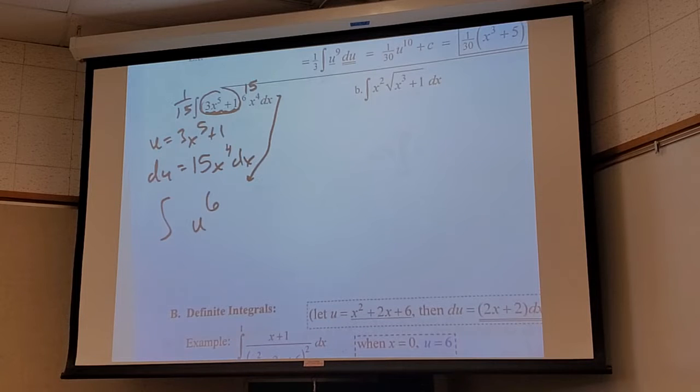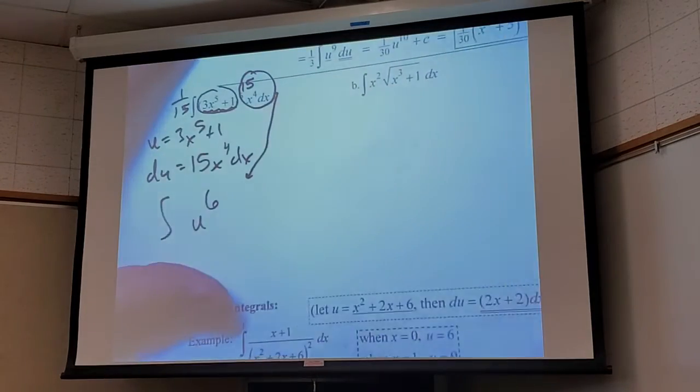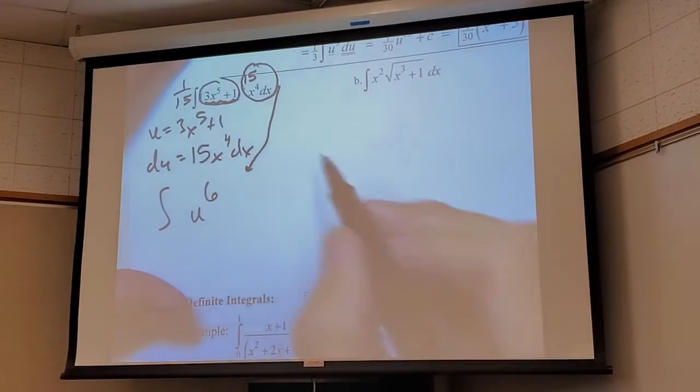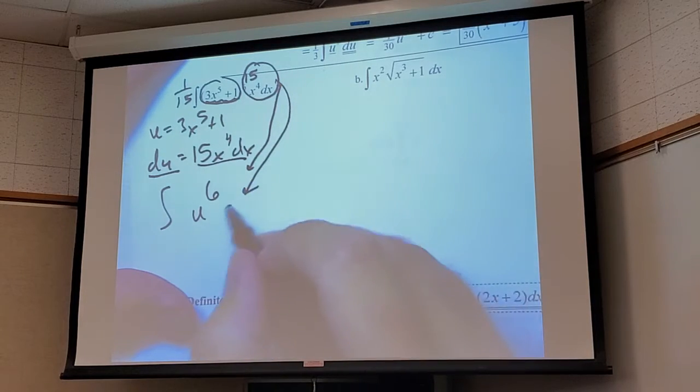But inside, what do I have the parts for? du, right? Don't I see a 15x to the 4th dx? Right here, there's 15x to the 4th dx. And what did we say that is? du.